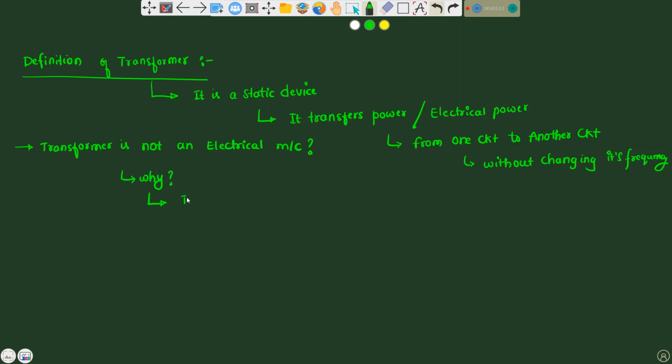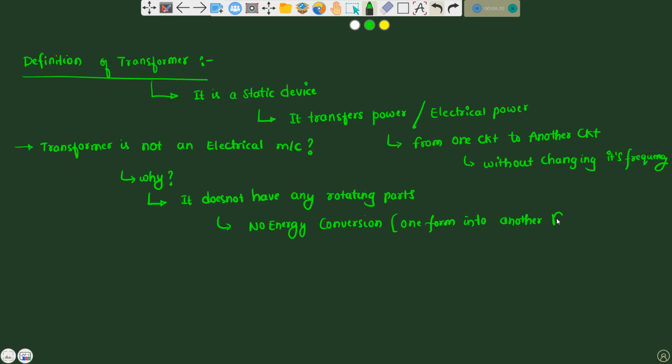It does not have any rotating parts, so no energy conversion, that is one form into another form, is taking place.